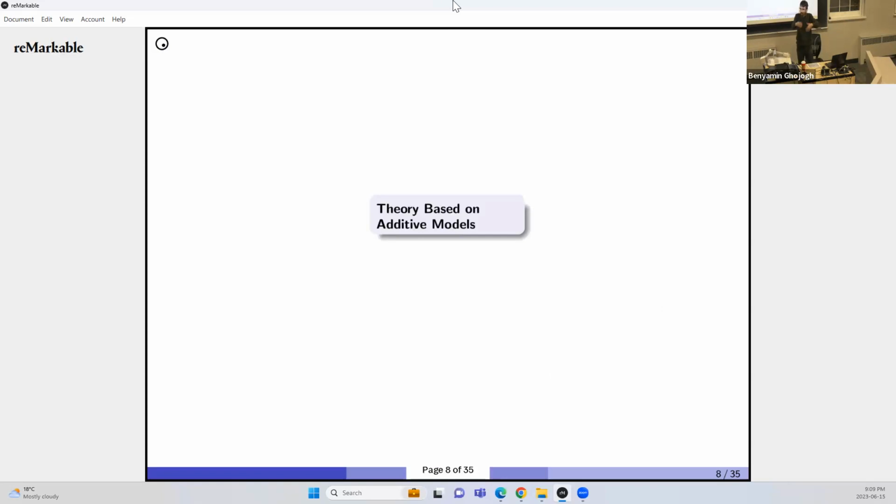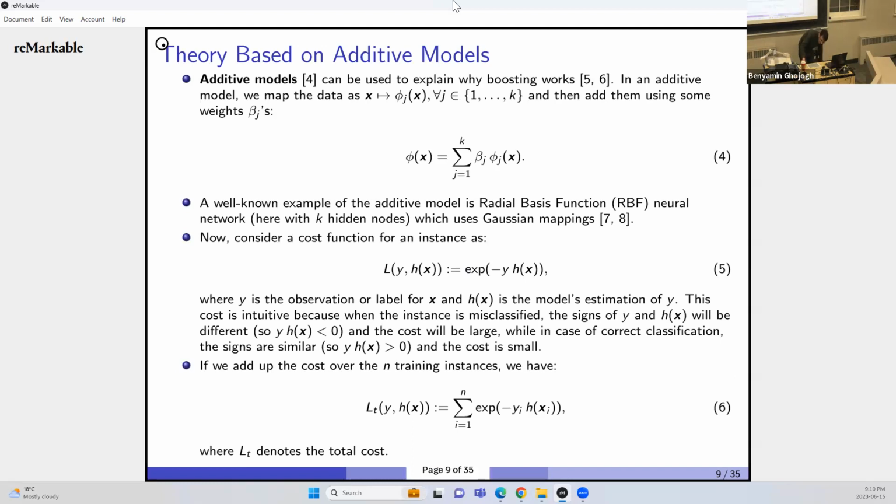Now, proofs of the formulas that we saw in the boosting. Theory based on additive models. Additive models can be used to explain why boosting works. An additive model is a concept in statistics, okay?